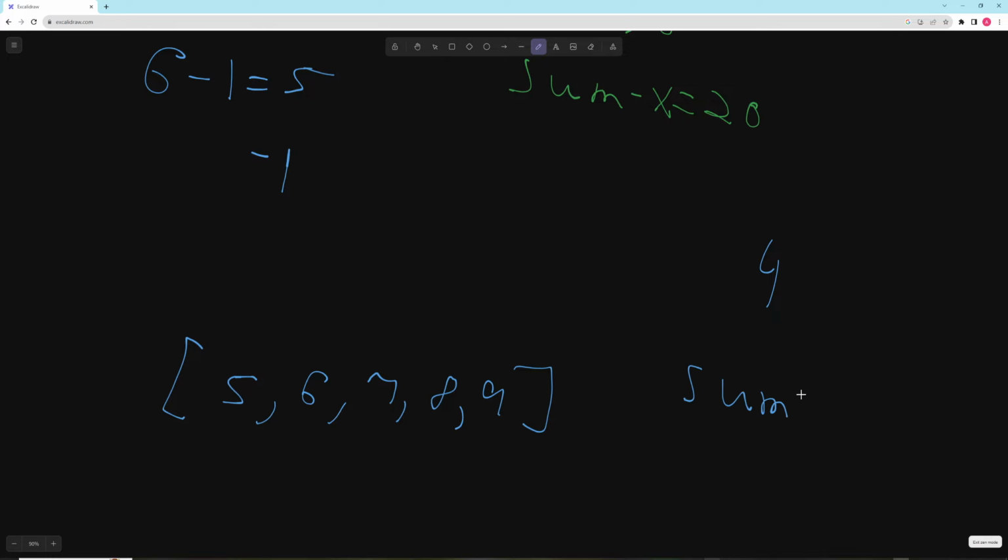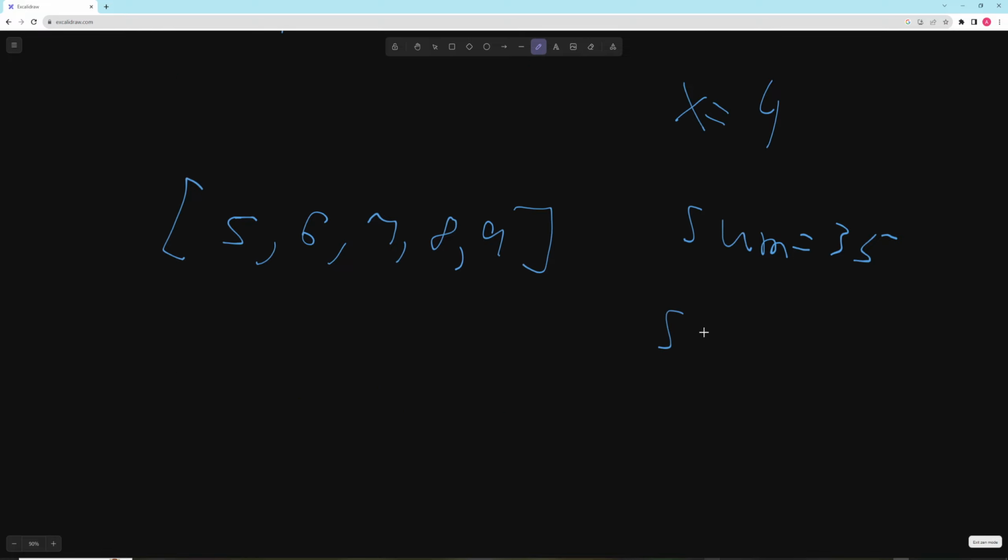So sum 35, x is 4, sum minus x is 31. And obviously we can't get that, right? So we're never going to get a sliding window with a sum 31 because this is 35. So it would have to be all the numbers but 1, and that number has to be 4. So we're never going to get that. So if we never get a sliding window that has sum 31, then we're guaranteed that x is never in here.